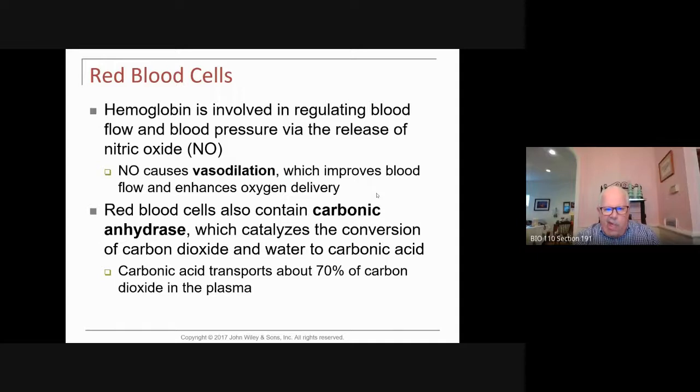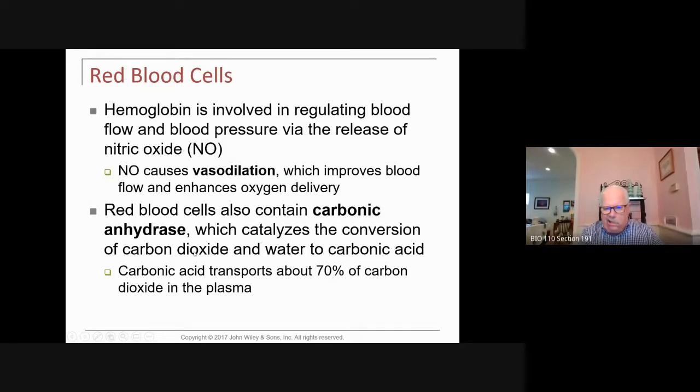The thing that I want you to know on this slide is the enzyme, and there it is in big black letters, carbonic anhydrase. There is a very important formula in the body, and that formula is H2O, water, plus CO2, carbon dioxide, will give you carbonic acid.